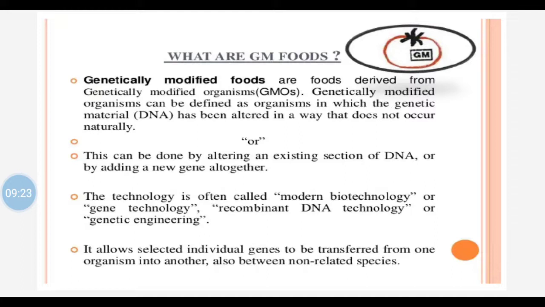It is one and the same. All of you have to remember the names of these techniques. These are some of the important names which are given. Again I repeat, the technology can be called modern biotechnology or gene technology or recombinant DNA technology or genetic engineering.